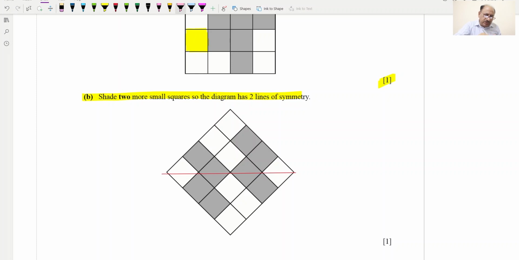We can shade this box, and if we draw the line of symmetry on the other side, which is basically this line of symmetry, then if you compare, this box needs to be shaded, so we will shade this box as well. We were supposed to shade 2 boxes to get 2 lines of symmetry, which we have done, and this was a 1 mark question.